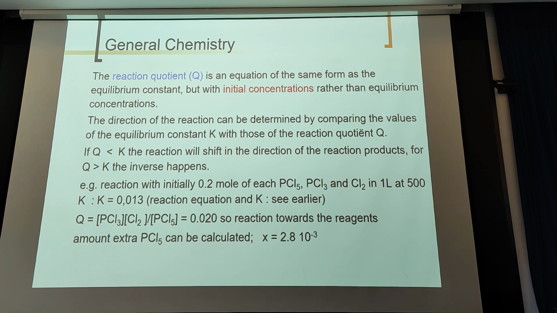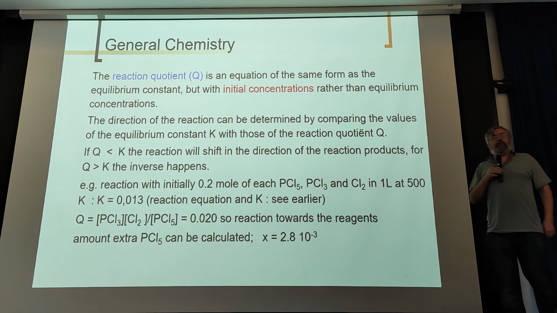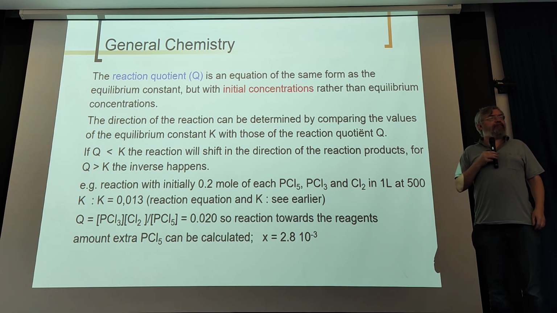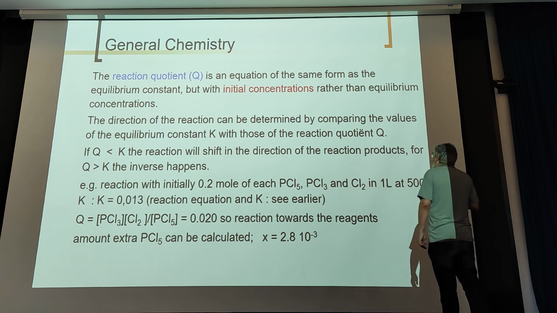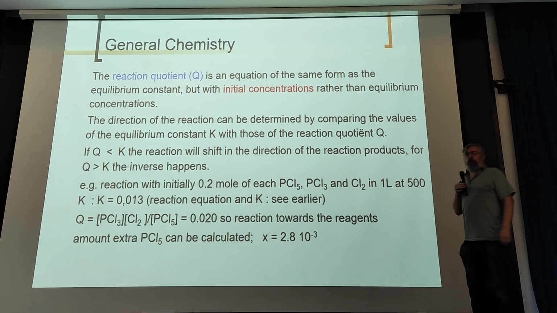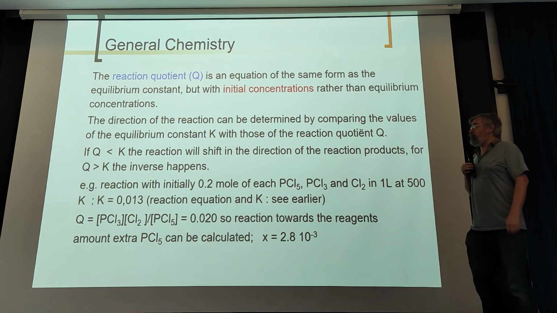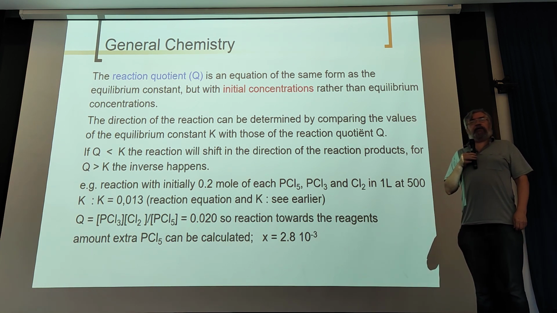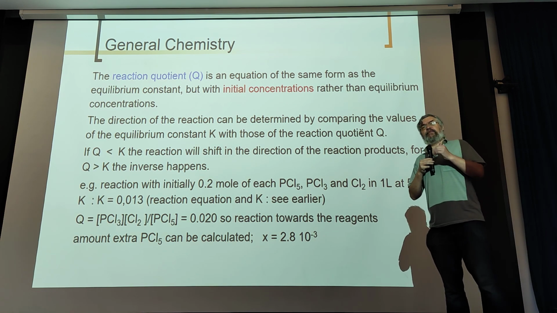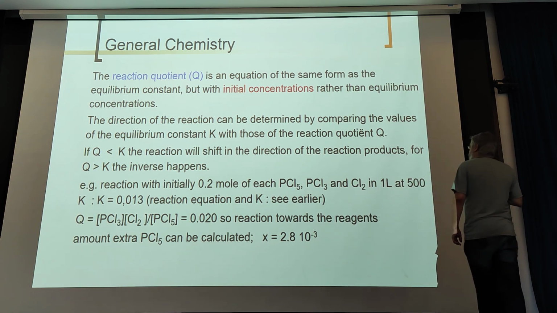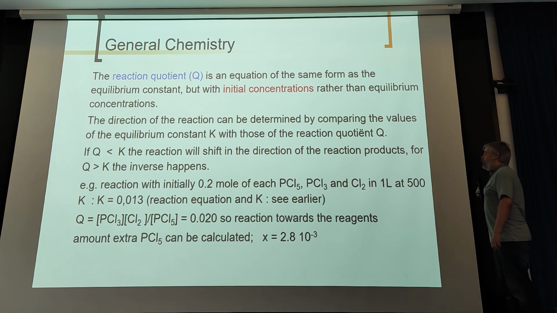And this actually tells us something about the direction that the reaction will take. So we can compare K with Q. Now, if Q is smaller than K, that means the products are not in balance with the reagents, and it wants to restore that balance, go towards K, and that means the reaction will shift in the direction of the reaction products.